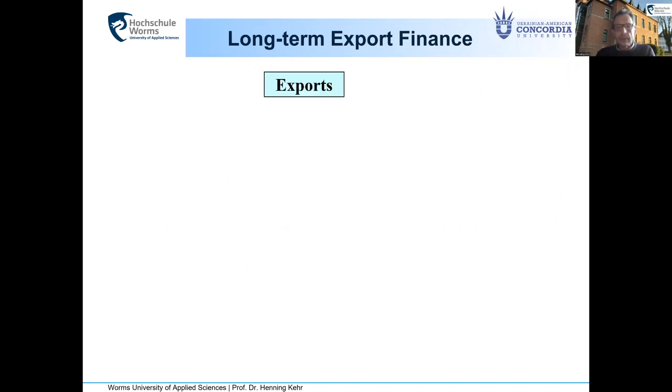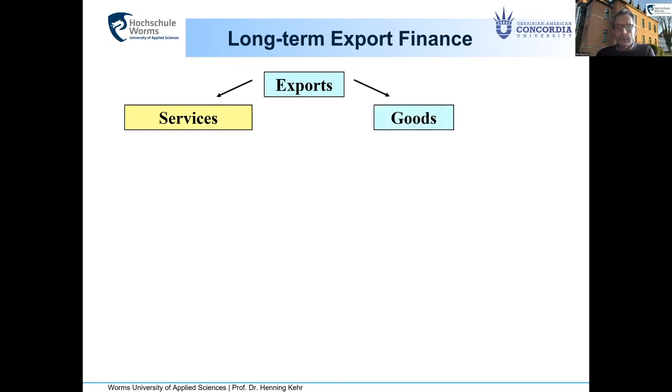What kind of exports are usually financed? Not services, but, for example, goods. Not consumer goods, because very often the term fast consumer goods is used.